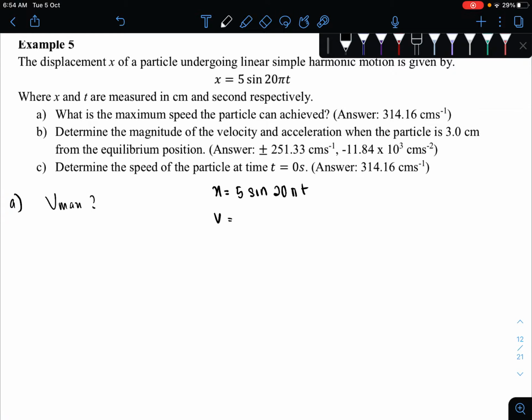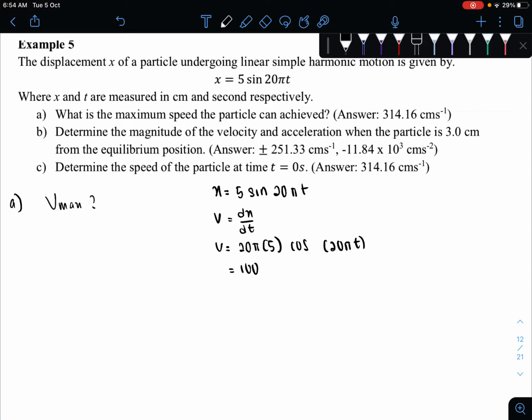You have to differentiate x to get the equation of velocity, where if I differentiate, I will end up with omega, 20 pi, times 5 cos 20 pi t.